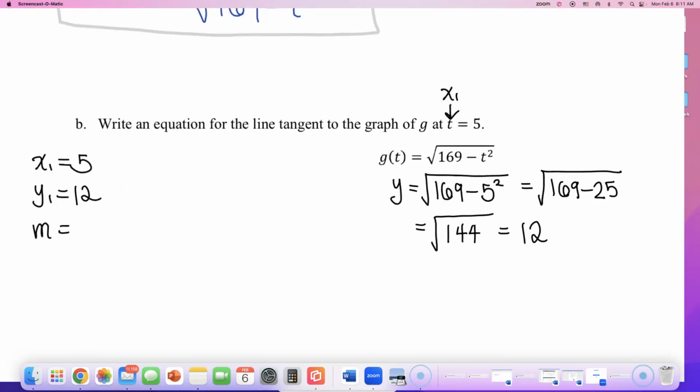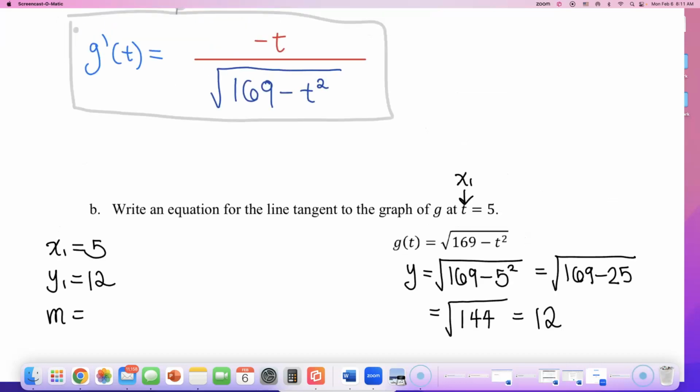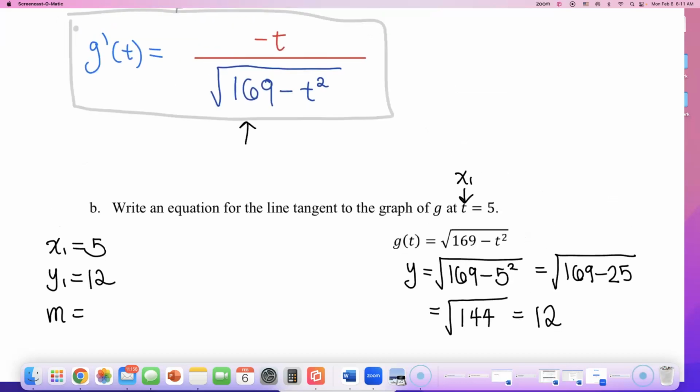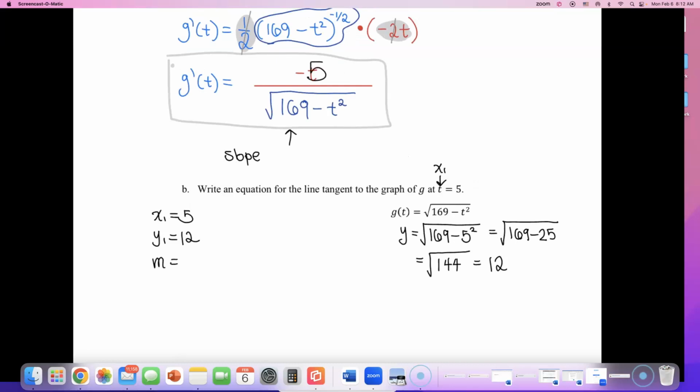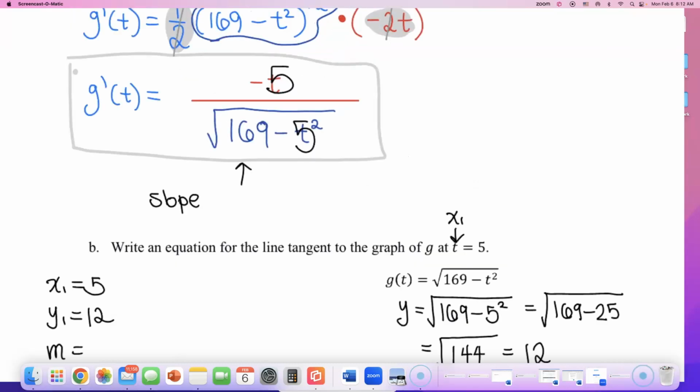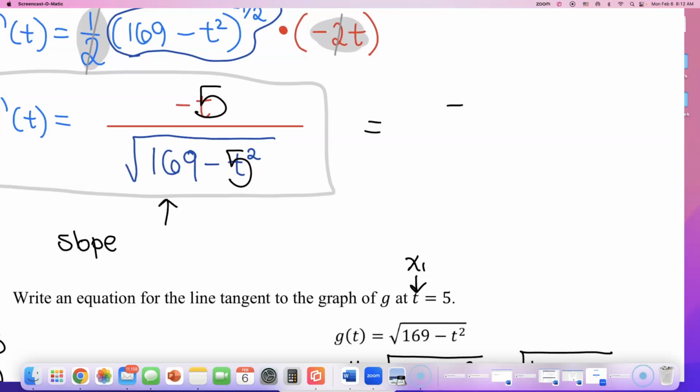Now let's find m. You can find it by plugging the x of 5 into the slope function, this g prime. This is going to give us the slope. So let me plug in 5 here and there, okay? So what's that going to be? -5 over the square root of 169 minus 5 squared.